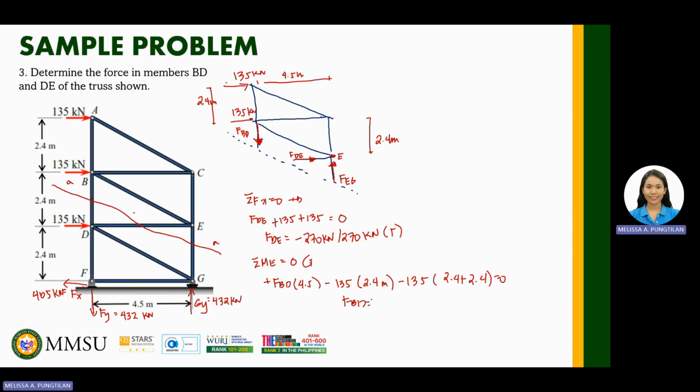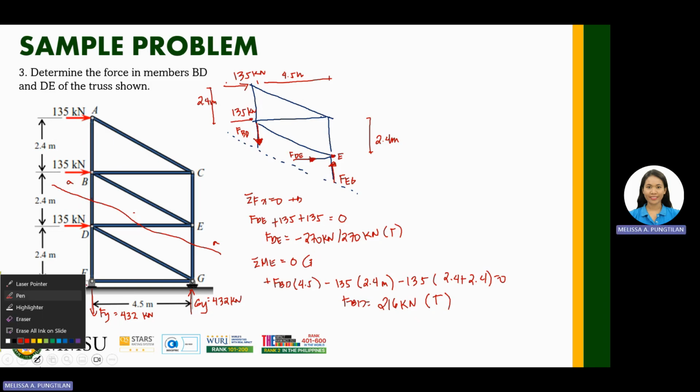So, we have 216 positive. FBD, 216 kilonewton in tension. Okay, in tension. So, tama, parehas yung lumabas na sagot for the lower portion and then pag kinonsider natin yung upper portion.